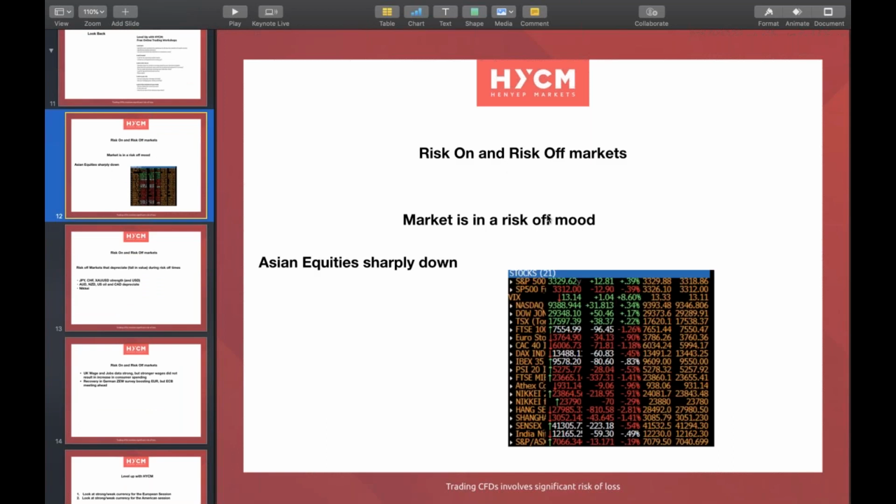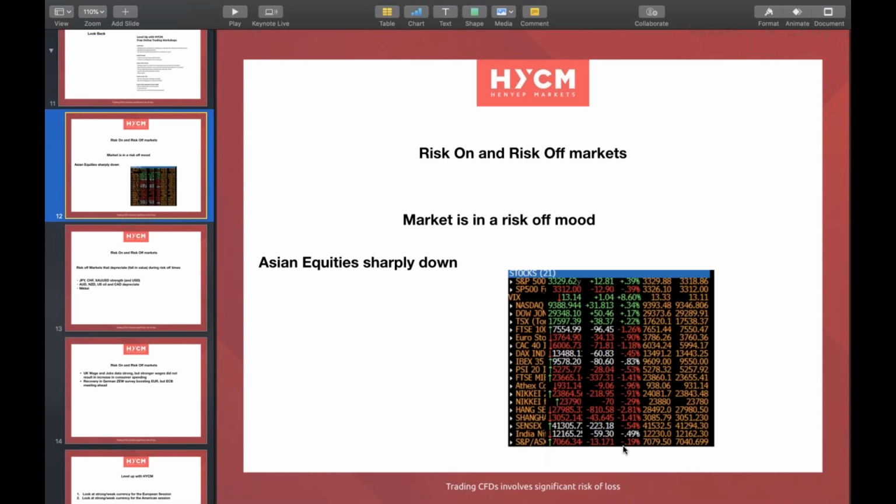As we look at the Asian equity markets, when I came to my desk in the European session, the first thing that really drew my attention was the fact that the Asian equity markets were considerably down. The Hang Seng was down 2.81%, the Shanghai down 1.41%, and the Nikkei down 0.91%.